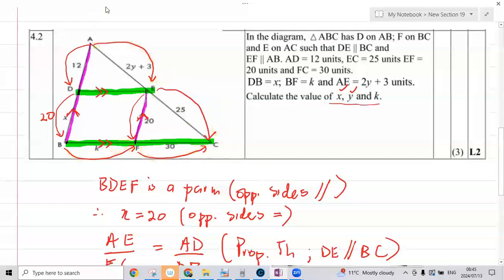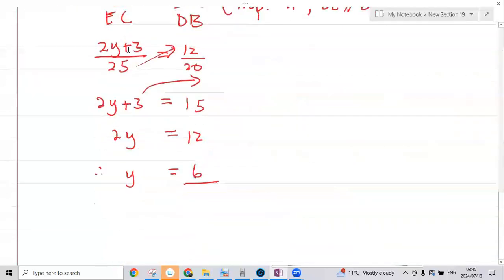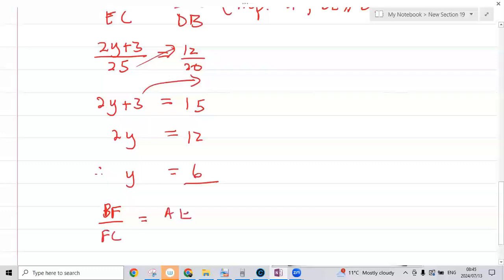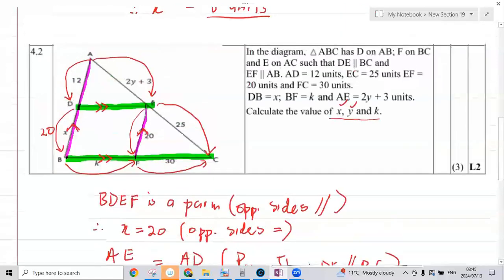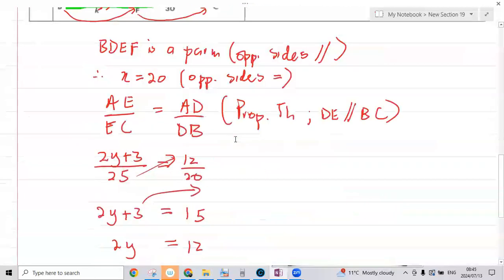So let's write that down. So it's going to be BF over FC equals to AE. There's AE there over EC.